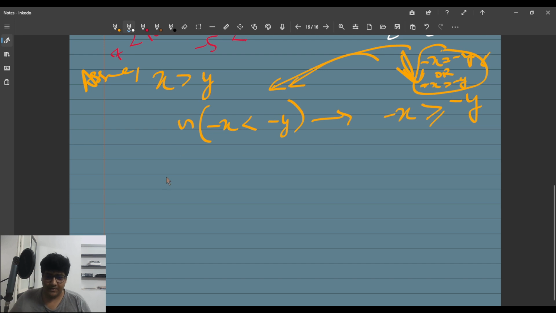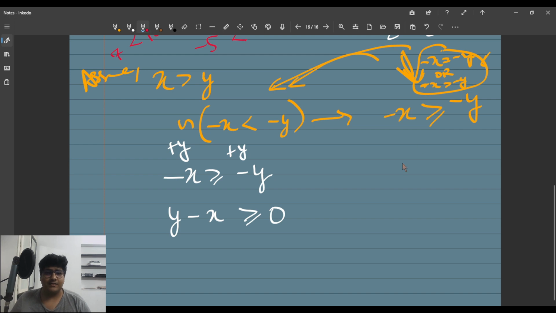So now I have assumed that minus x is greater than or equal to minus y, which would imply what? y minus x. I am adding y to both the sides. So y minus x is greater than or equal to 0. You can add things in inequalities, right? So if 3 was less than 5, no matter what quantity you are adding or subtracting to 3, if you do add and subtract the same quantity from 5, the inequality should remain unchanged.